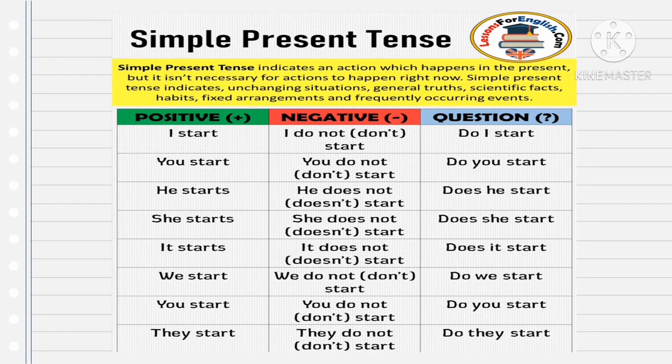The subject is I. Singular si I, but it requires a plural verb. Another, singular si you, however, it requires a plural verb. Kapag plural verb po, it doesn't end with S. Walang S ang plural verb.